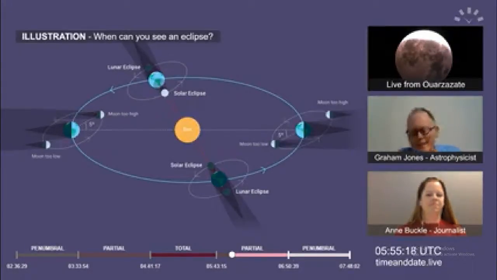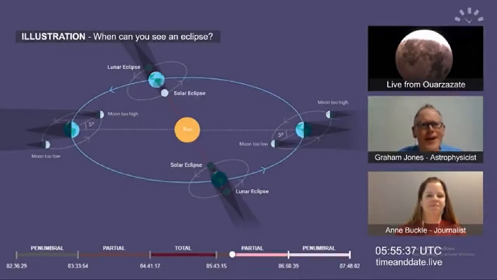So another question is, why don't lunar eclipses happen every month? And the illustration that we have on the screen now is going to help us to explain why we don't get an eclipse every month.